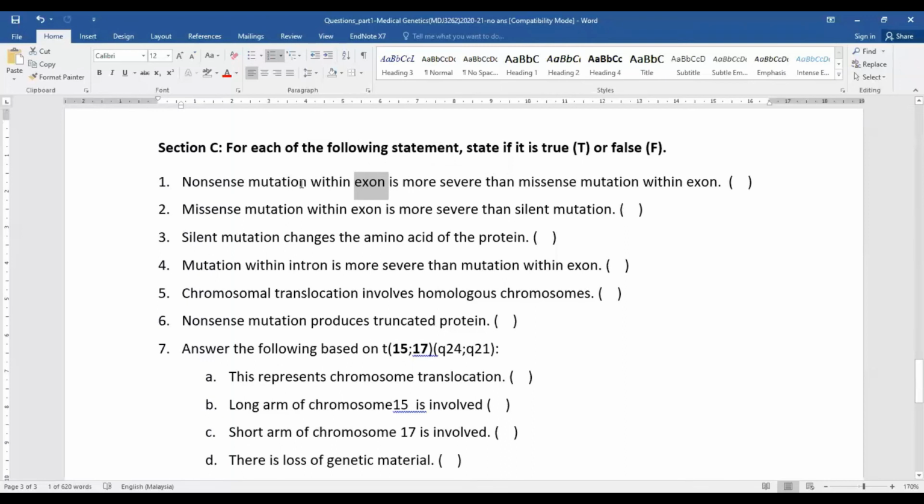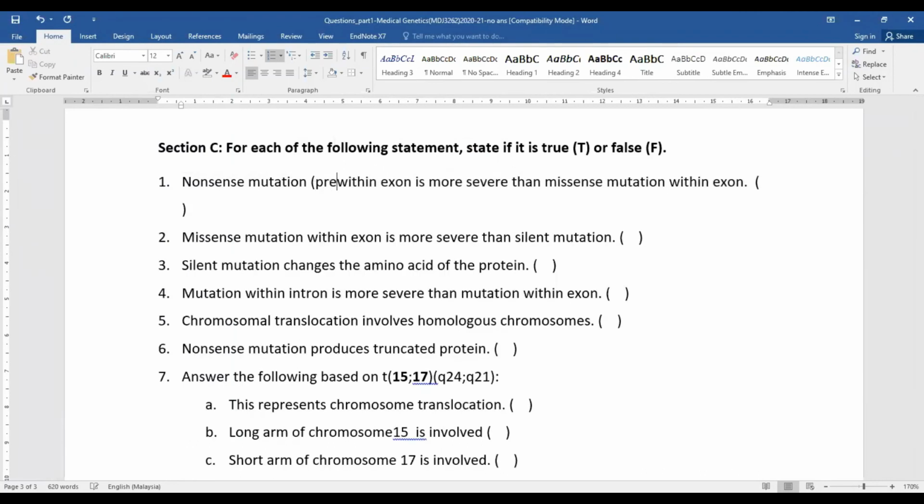So what is a nonsense mutation? Remember, it's the one that has a premature stop codon. Because of the mutation, it creates a stop codon before the actual stop codon. So that's what we call a premature stop codon, right?